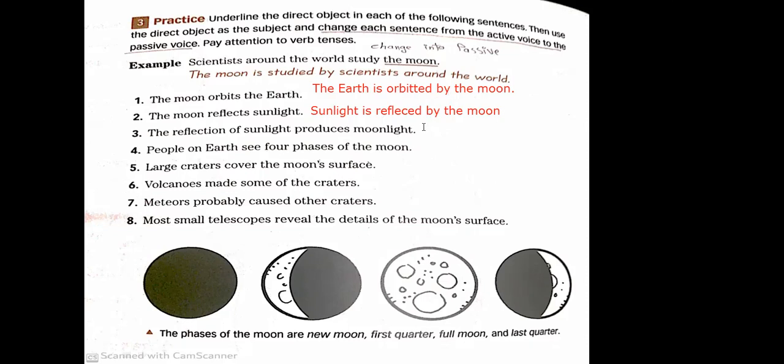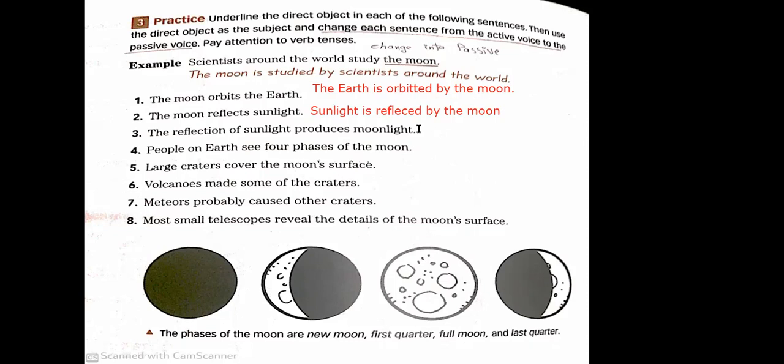Number three, the reflection of the sunlight produces moonlight. How can we change this one? Where is the subject?